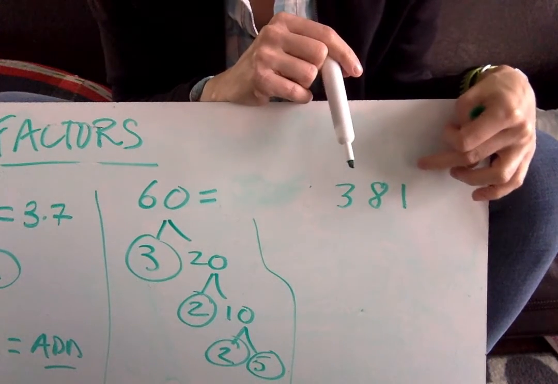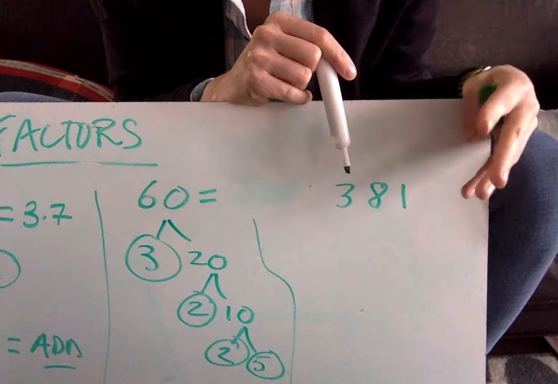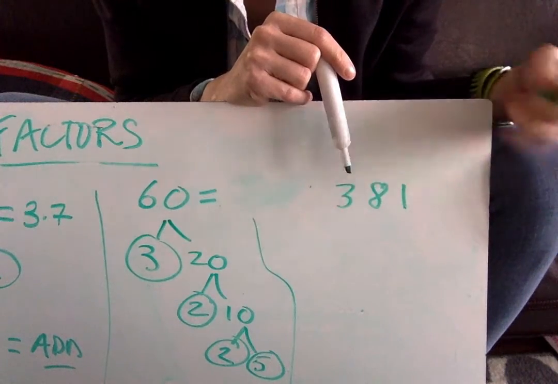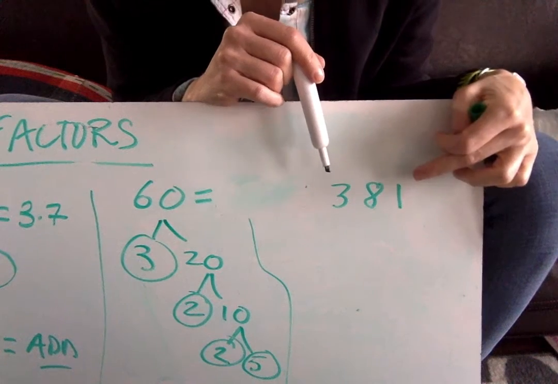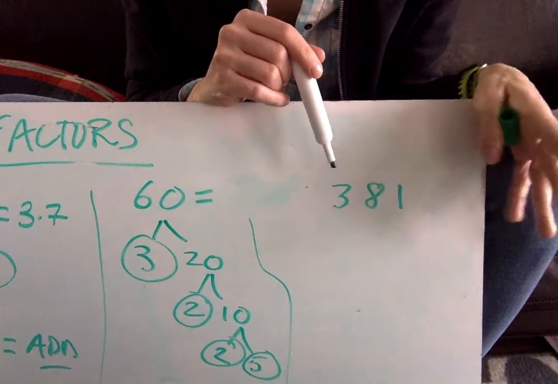And every multiple of 5 ends in what? 5 or 0, right? 5, 10, 15, 20, 25, 30. I remember counting by 5 as a kid. It was the best. Skip counting, right? So this ends in a 1, so we have to look to other odd numbers.